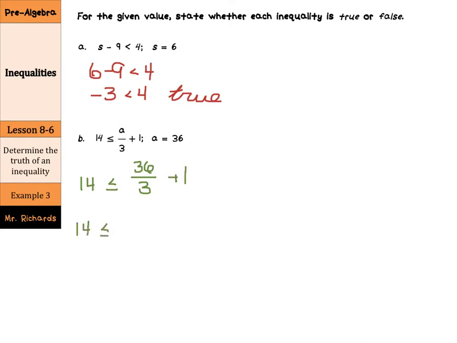Our left side is going to stay the same. 14 is less than or equal to 36 divided by 3, which is 12, plus 1. Now simplify both sides. 14 is still 14, and 12 plus 1 is 13. So is 14 less than or equal to 13? Of course not. So this answer is false.